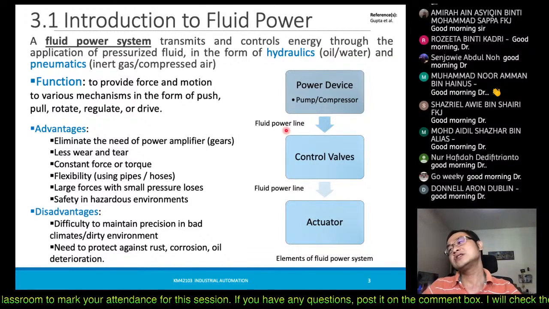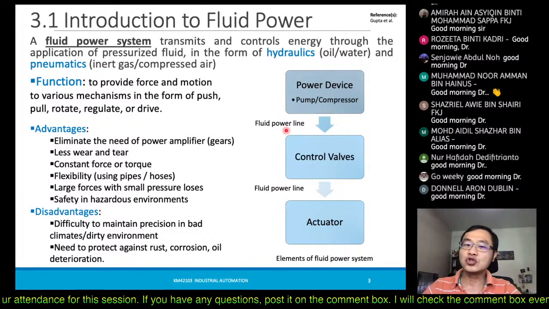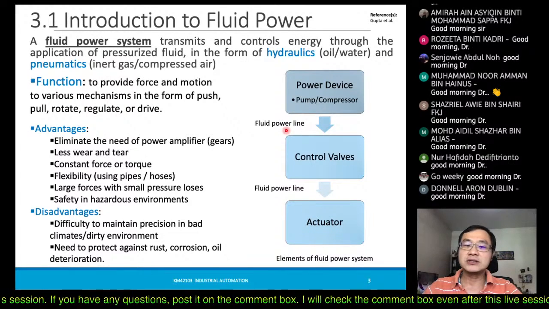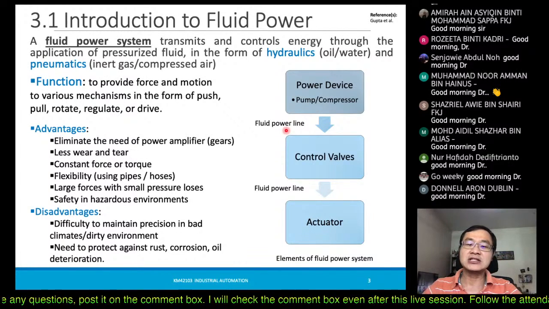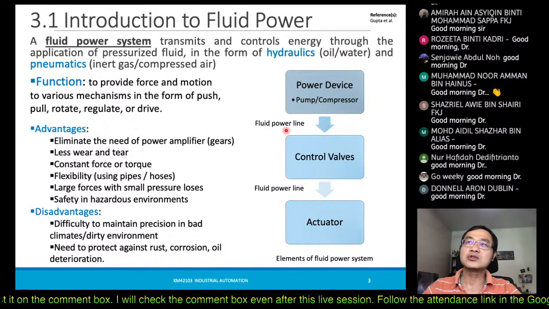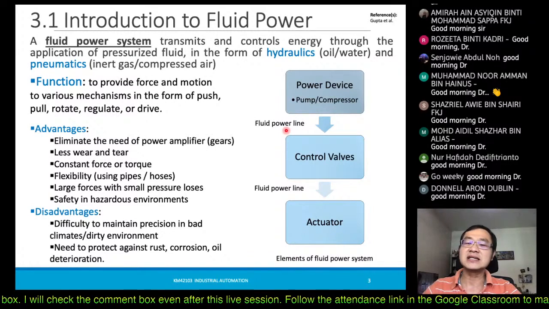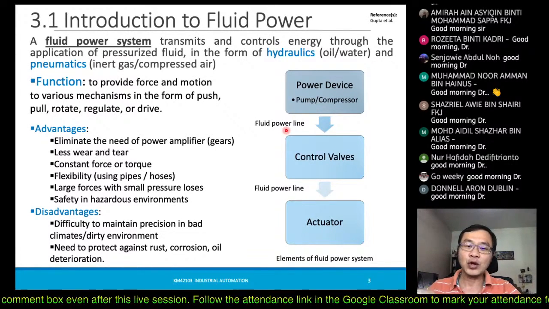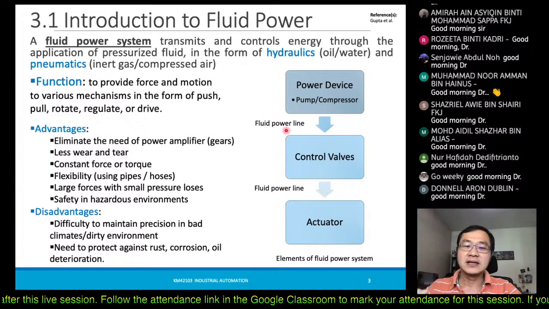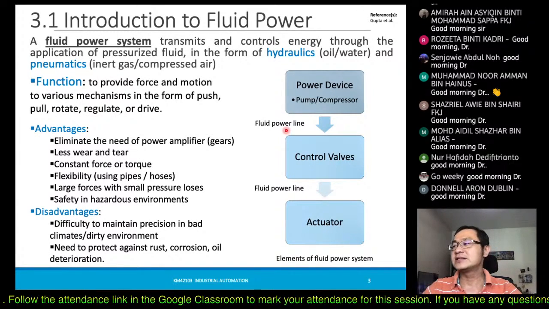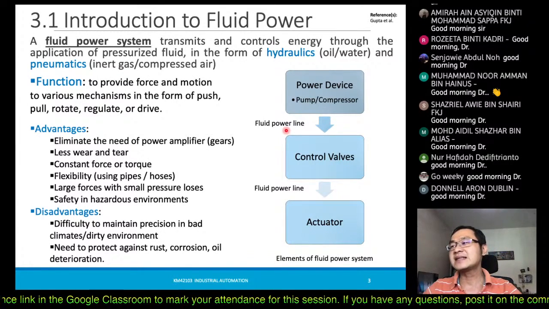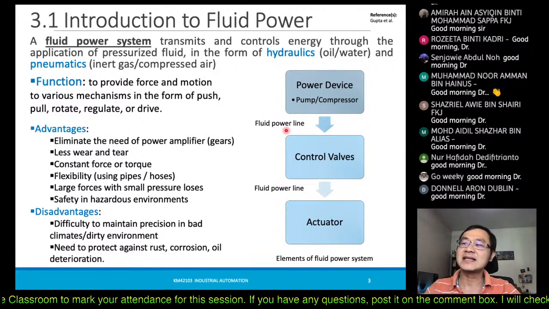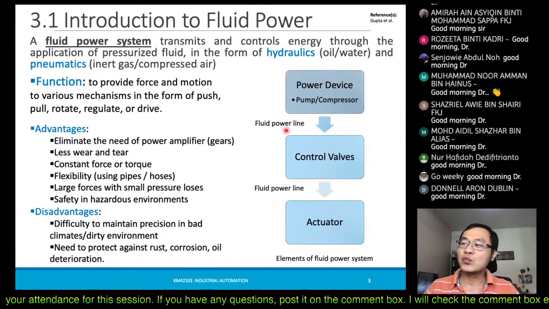The advantages of using fluid power systems include that we eliminate the need for power gain, as we don't really need gears to amplify the power. Also, since there are fewer moving parts inside, there will be less wear and tear.